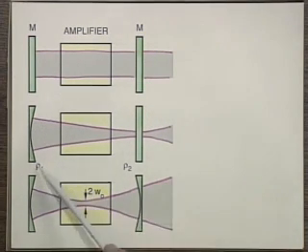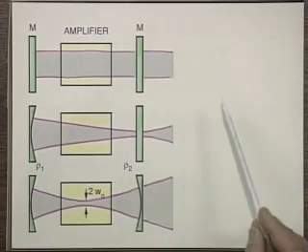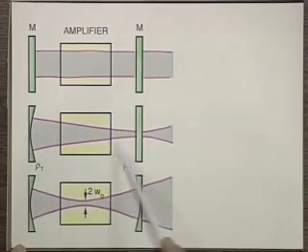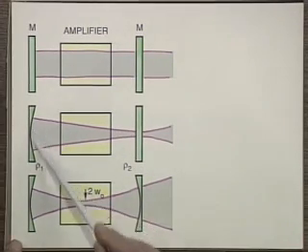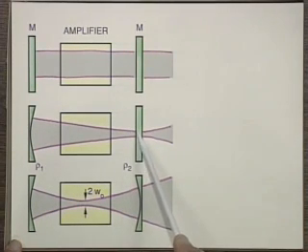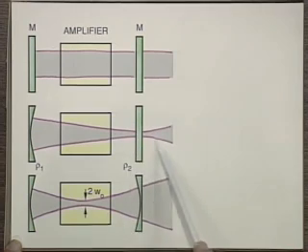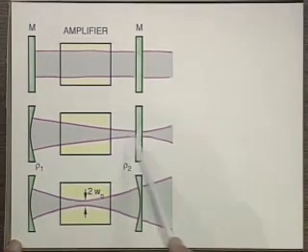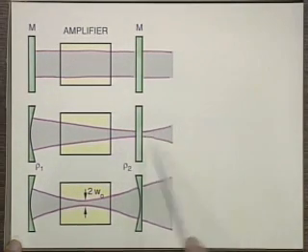If I had, let's say, a curved mirror and a plane mirror, then the beam shape inside the cavity will be something like this. It will be big on one side, small on the other, and then the beam leaving this mirror will also expand, just like it expands in here, it will expand to the other side. So the beam will expand depending on what we call the waist of the beam.